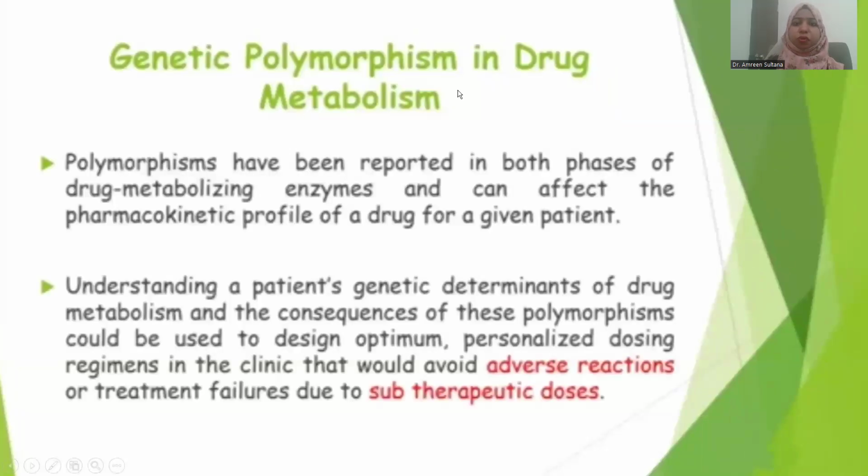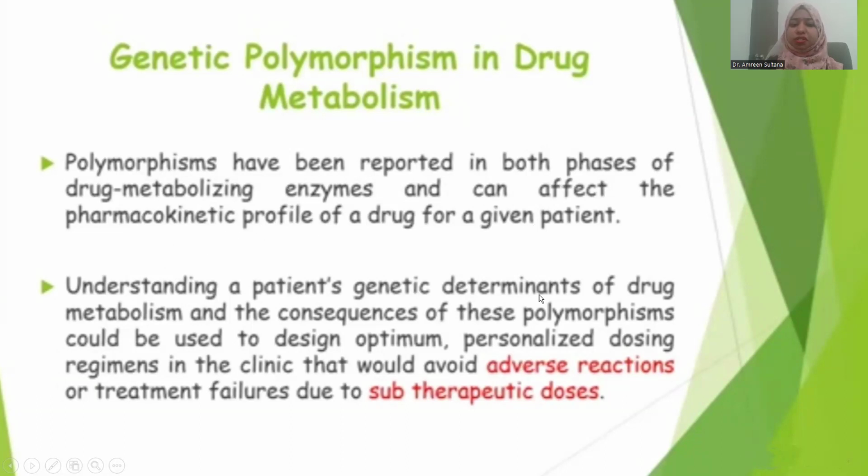So, genetic polymorphism in drug metabolism. Polymorphisms have been reported in both phases. As I said, in both phase 1 and phase 2 of the drug metabolizing enzymes, and they can affect the pharmacokinetic profile of a drug for a given patient. Pharmacokinetic effect is nothing but absorption, distribution, metabolism and excretion, which sometimes may get affected.